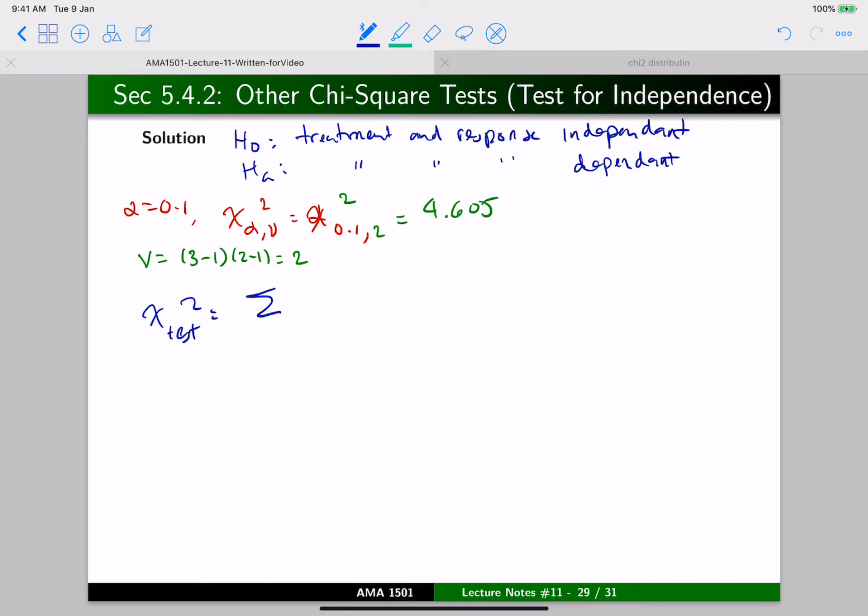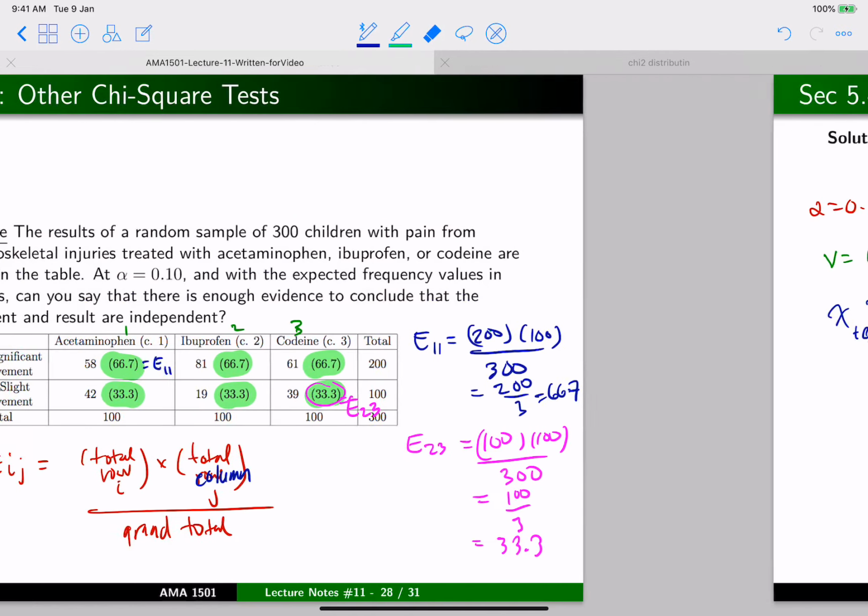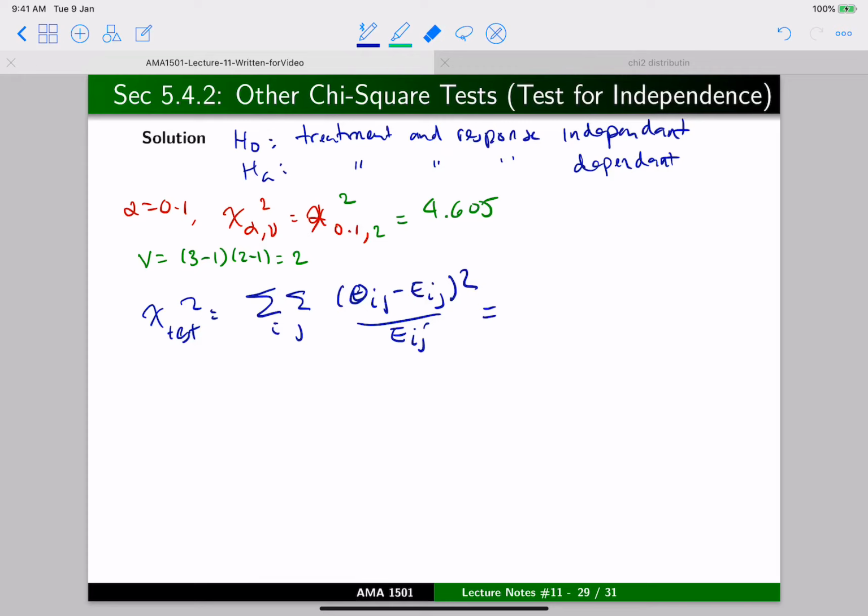Remember, this is the double sum over all ij of observed value minus expected value squared over the expected value. So calculating all this out, in fact, you get 14.07.